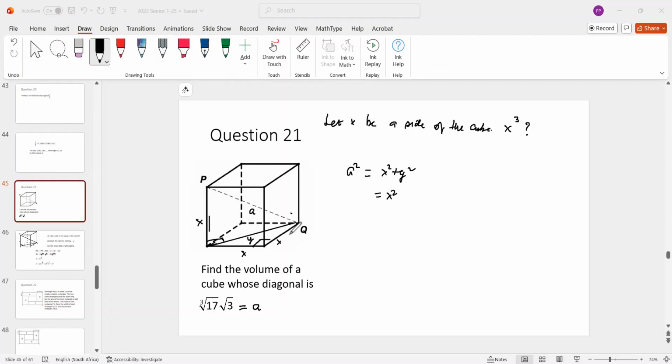And this Y is the hypotenuse of this floor triangle, which is a right angle triangle. So Y squared is X squared plus X squared. X squared plus X squared. So that gives you 3X squared.